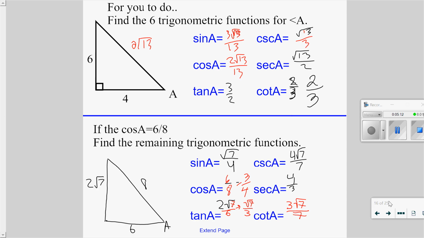Are those okay? Right, nice and easy, a squared, b squared, c squared. So when I don't give you a triangle, right, you're going to build it off the function, so adjacent over hypotenuse. If you want, on all of these problems, if you notice that the sides have something in common, you can reduce the sides off of the triangle, so then you don't need to simplify every single one, right?